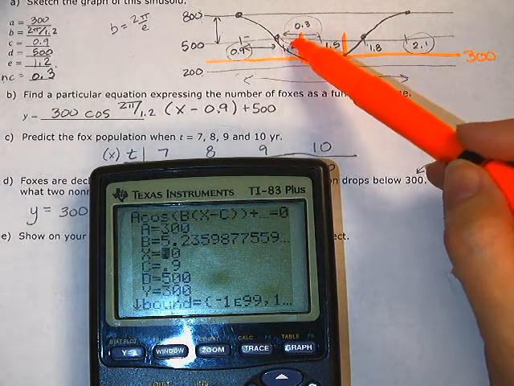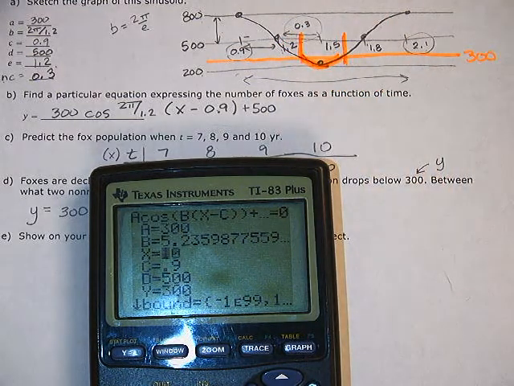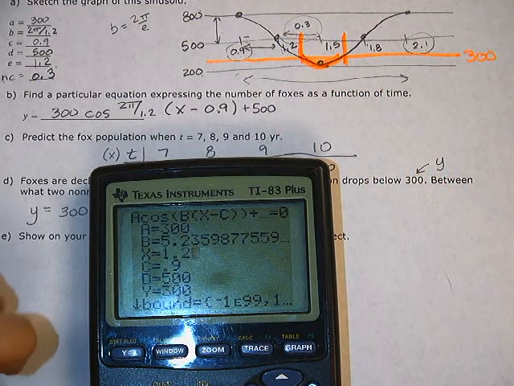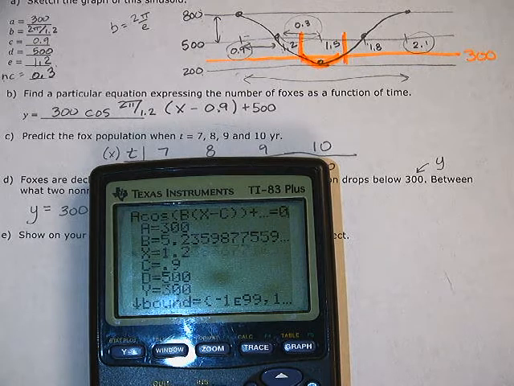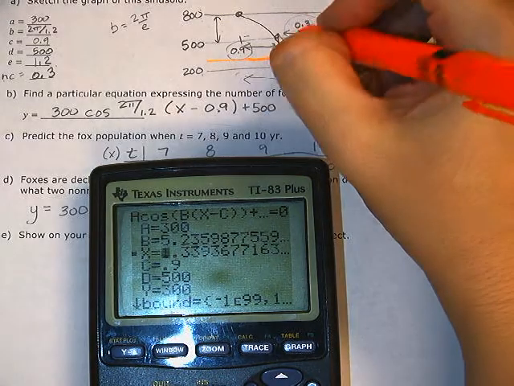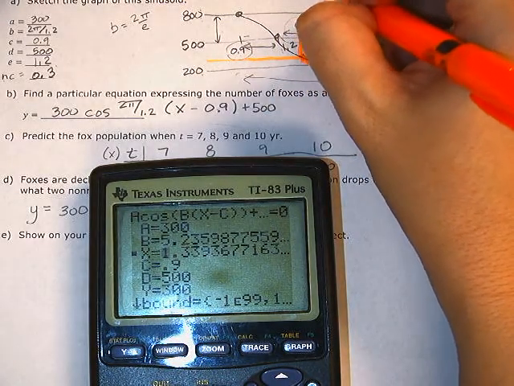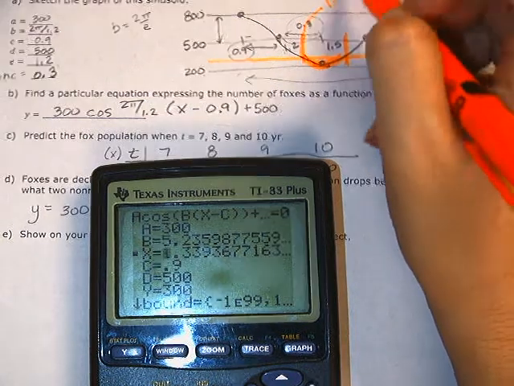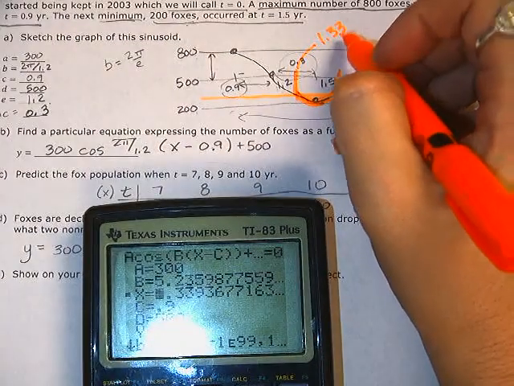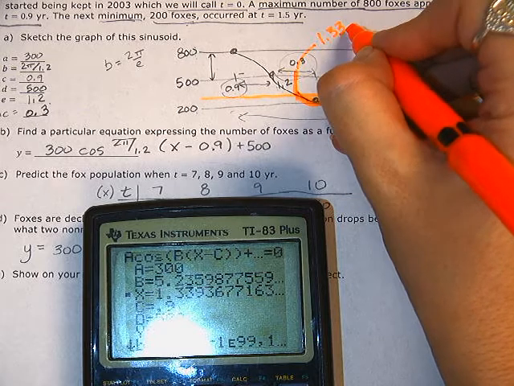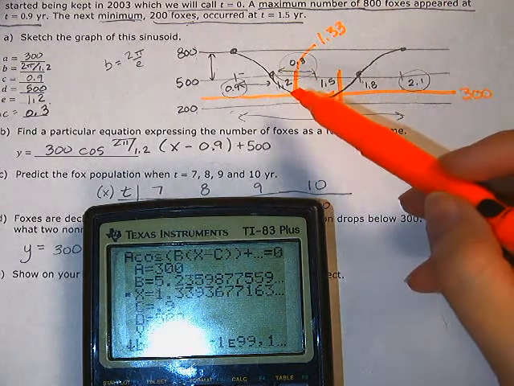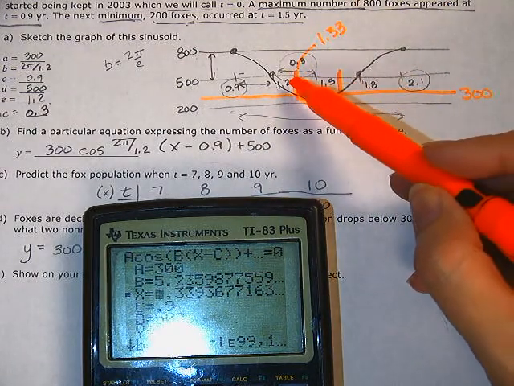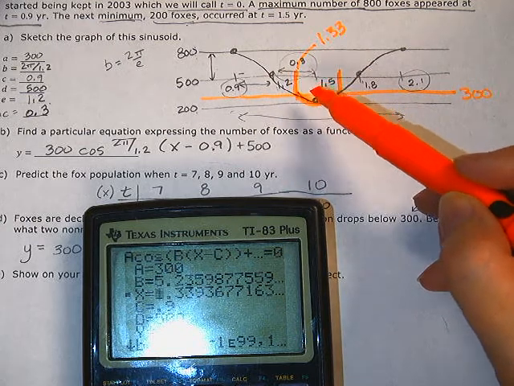Well, this is close to 1.2, so I'm going to put 1.2 and then do the solve here. And it says that this happens at 1.33, and this number is time in years, so it's okay to leave the decimal there. And if I look at my graph, 1.33 falls between 1.2 and 1.5, so that seems very reasonable to me.